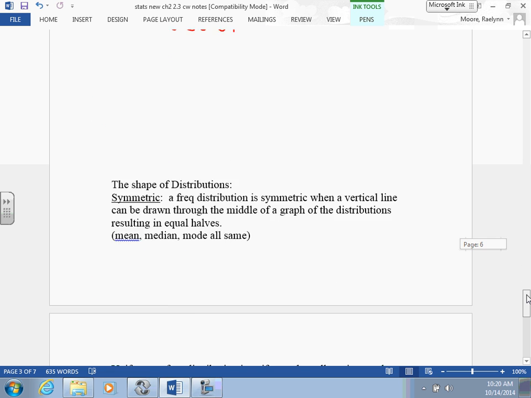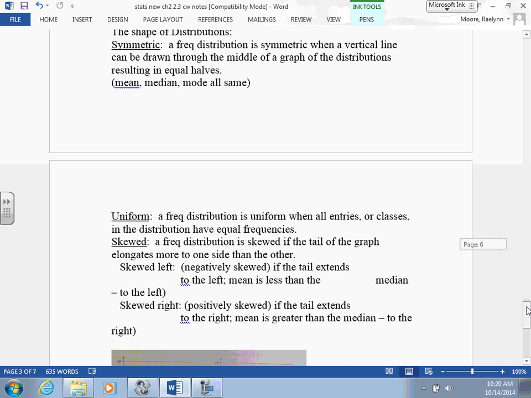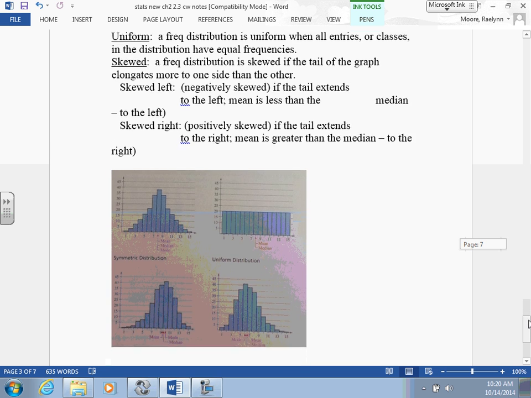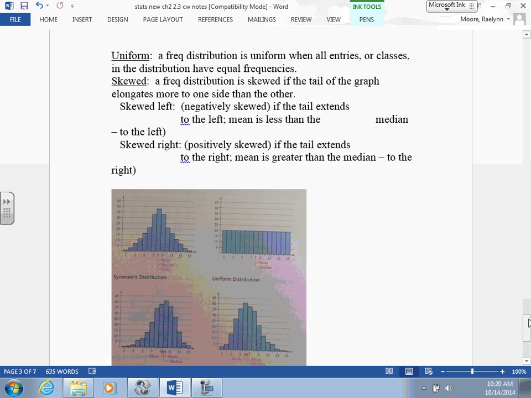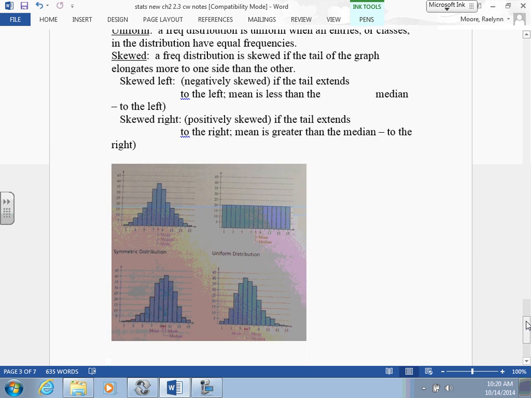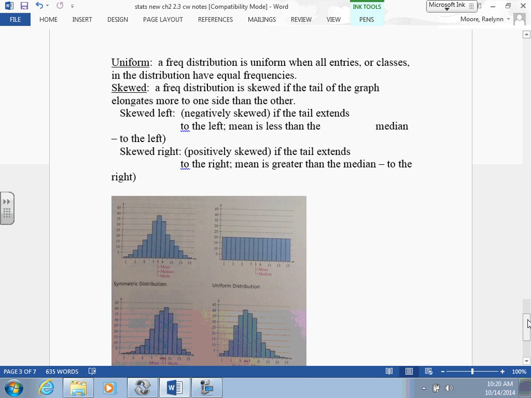And the last part of this is your shapes. These are your shapes: a uniform and a skewed, and your normal curve. This guy, we say this is symmetric.